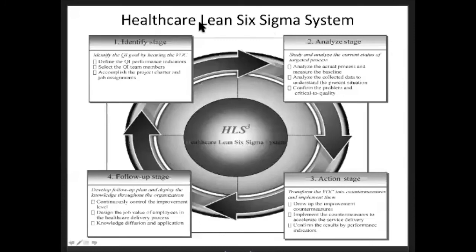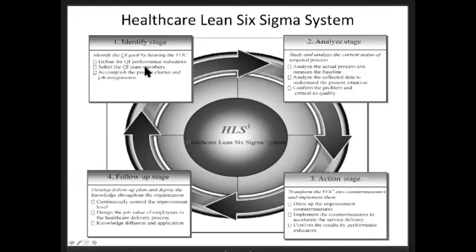And then it emphasizes the sequence through which organizations can implement Lean Six Sigma. The first step is to identify the quality improvement goal by hearing the voice of the customer, which is what exactly the customer believes is important for them. What are the quality indicators which they consider to be important?